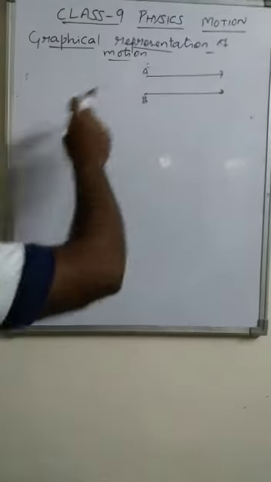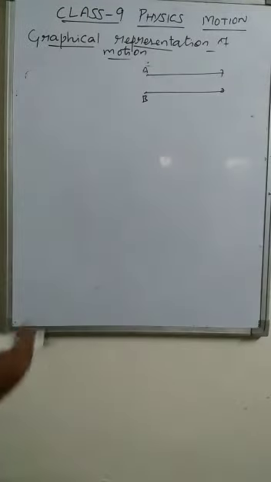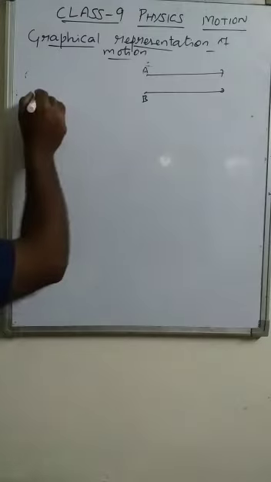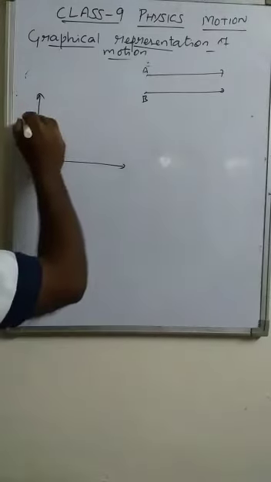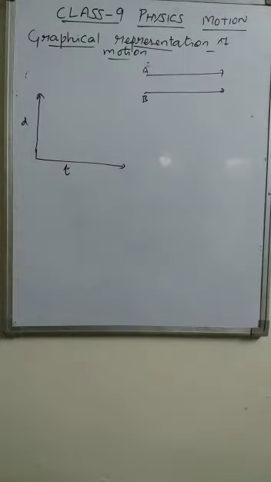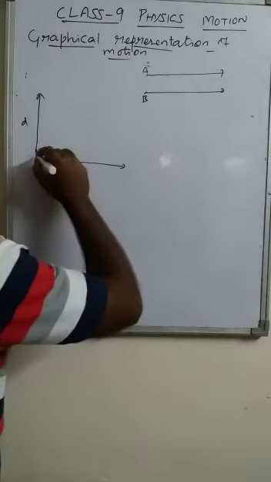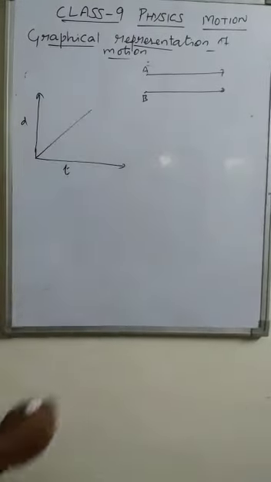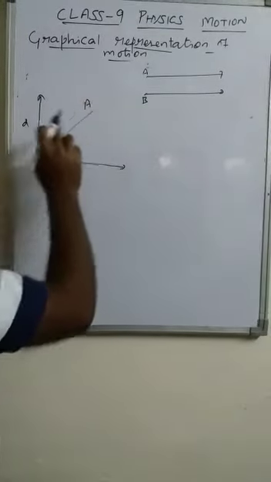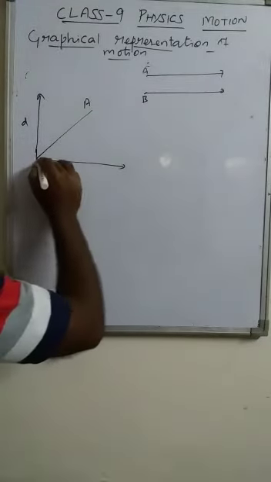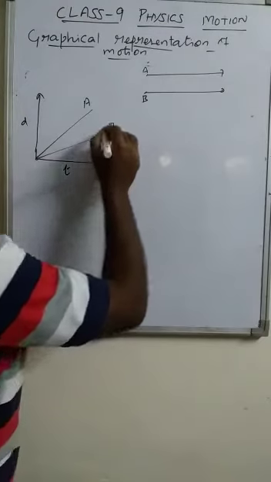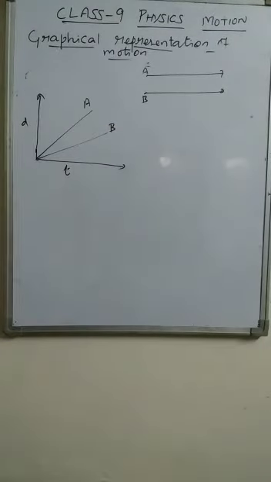They are starting from the same point, but their speed is different. If we plot the graph for these two objects in the same graph, suppose for A we are getting this straight line. This is the motion of object A, and this graph represents the motion of object B.